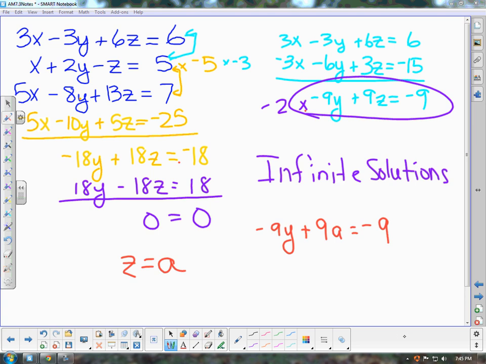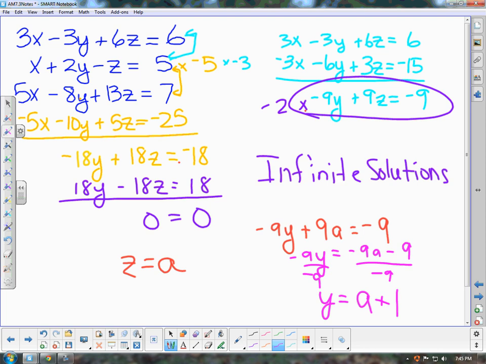Solving for y then, you would subtract 9a, so negative 9y equals a negative 9a minus 9, dividing by a negative 9, y equals a plus 1.